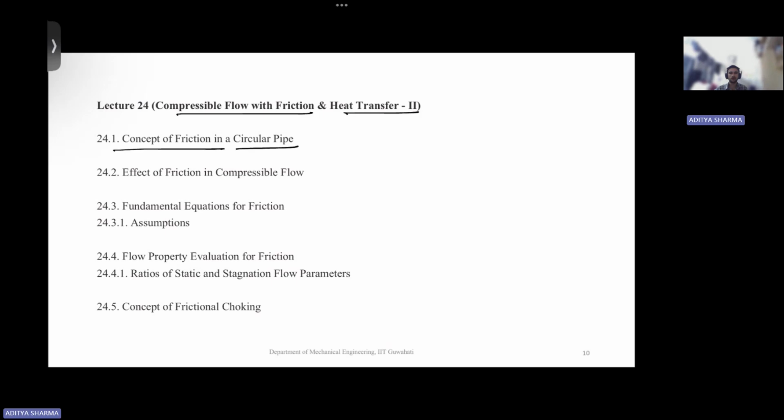So how the flow encounters head losses, this has been discussed in this topic.